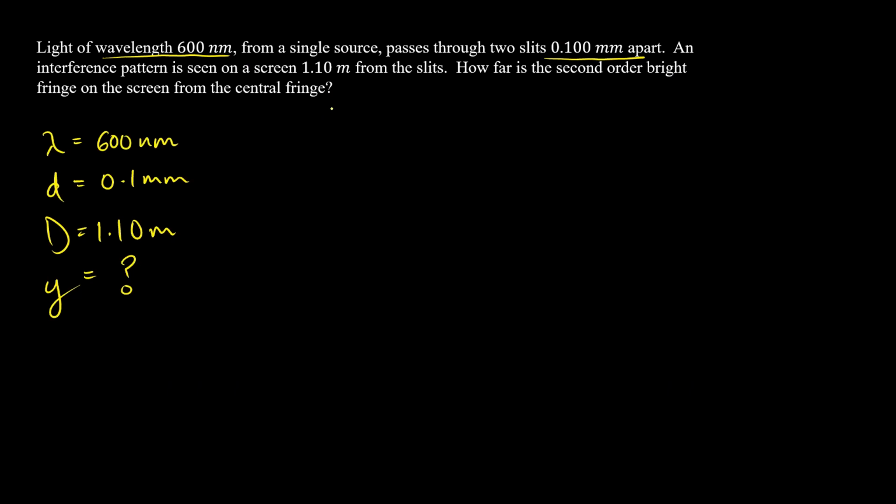So we started out with sine theta is equal to y over D. The issue though is we don't have theta, so we'll need to substitute sine theta for something. We have lambda though, and we have small d, so maybe we can use this. Let's look at the other equation that we had: lambda times n is equal to sine theta times d.